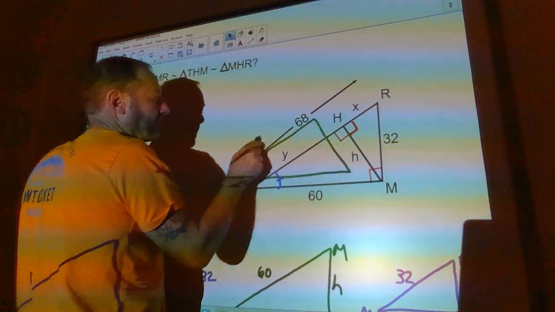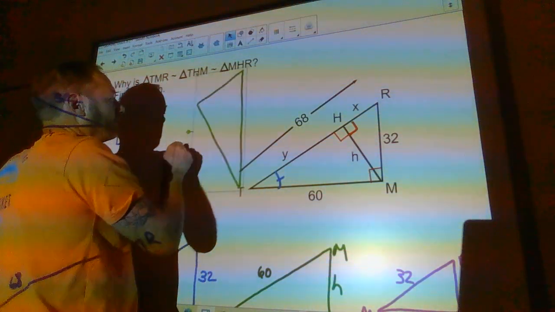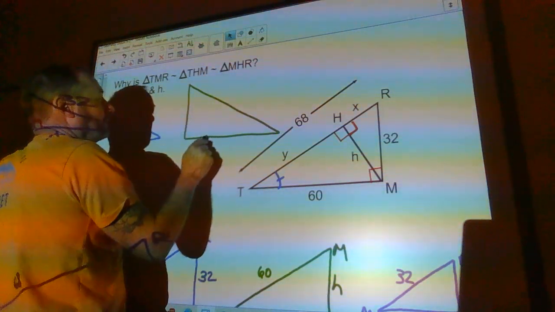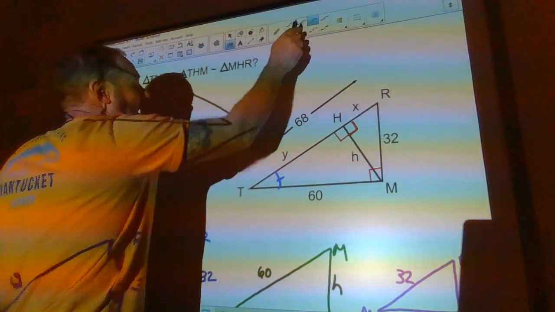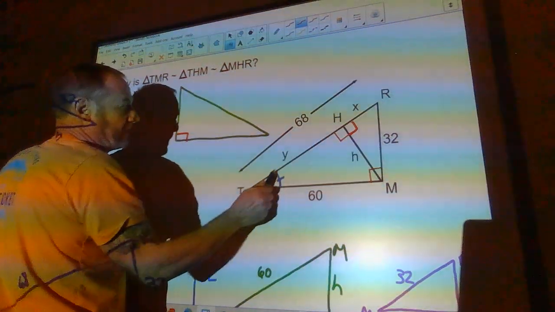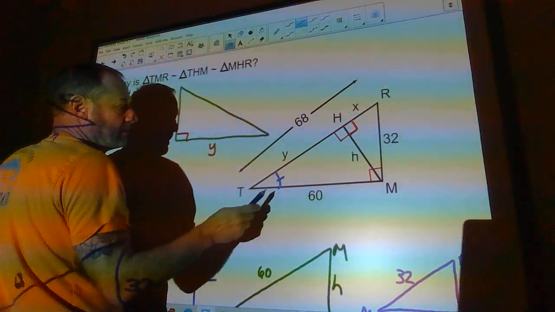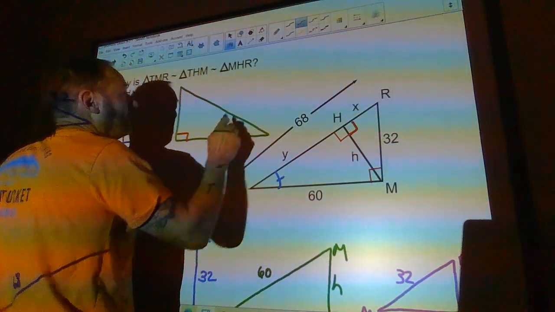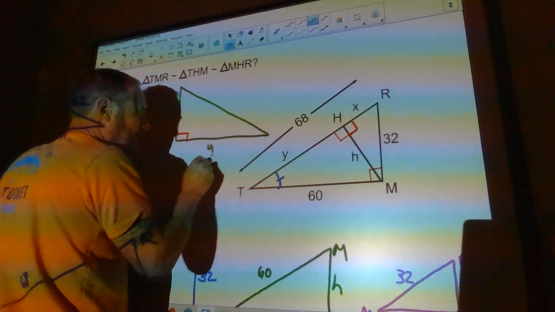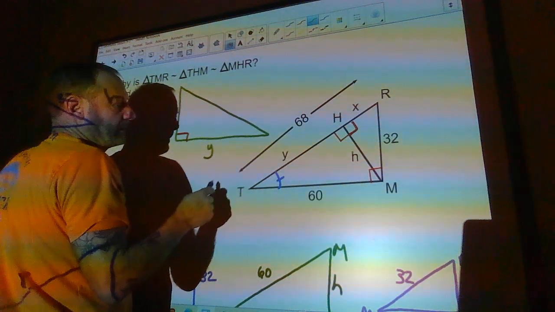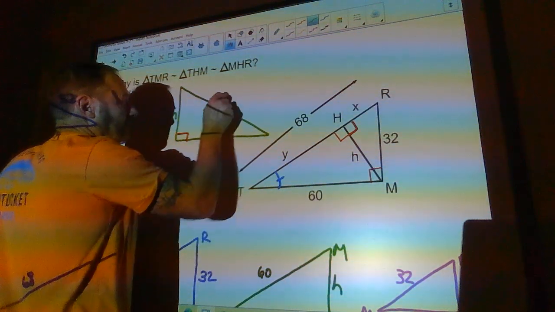I'm going to take that triangle out here and rotate it around the same way. Now I've got a 90-degree angle right here. This long leg right here is y. Let's make this green. The shorter leg is h, and the hypotenuse is 60.